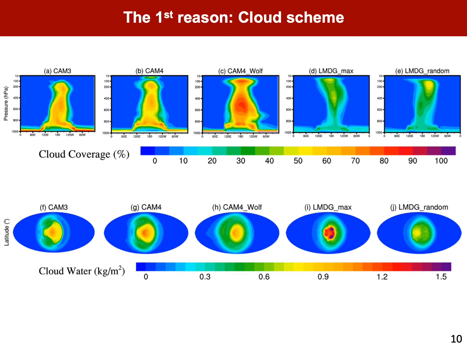But there are very large differences between the models in both cloud coverage and cloud water. Even in the same model, LMDG, when we use two different cloud overlap schemes, the maximum cloud overlap or the random cloud overlap, there are also very large differences, especially for the cloud water path.